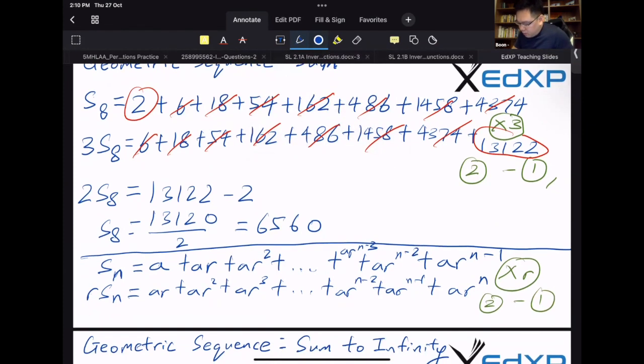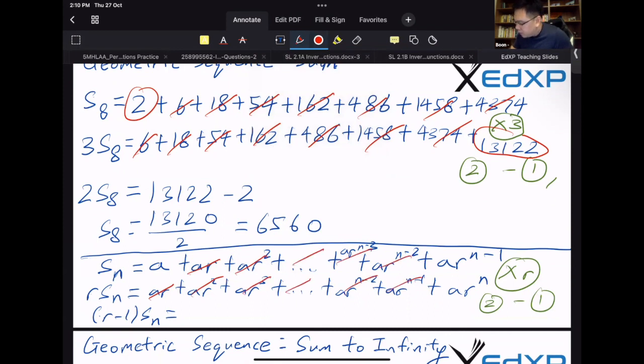Running out of space, but what we will notice is that if I take equation 2 minus 1 again, we get r minus 1 times Sn, r apples minus 1 apple. And we start to notice on the right-hand side that terms start to cancel out. Everything cancels out actually.